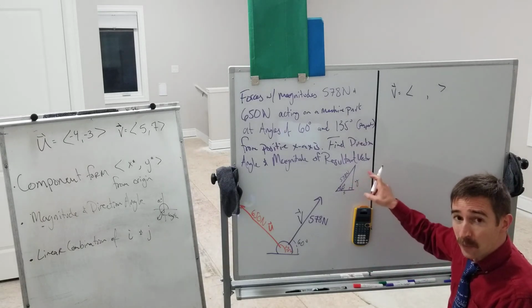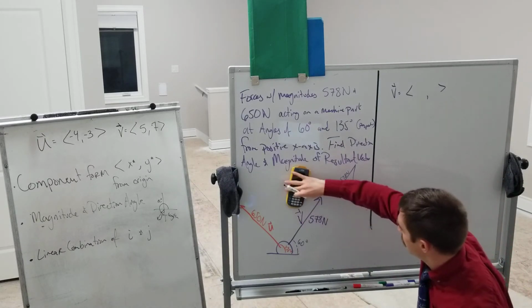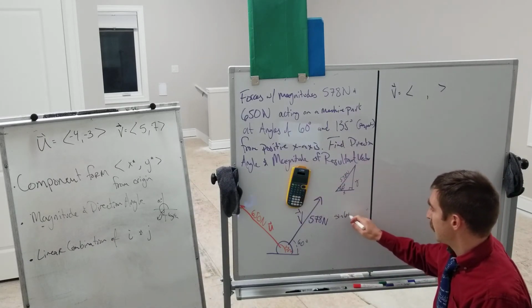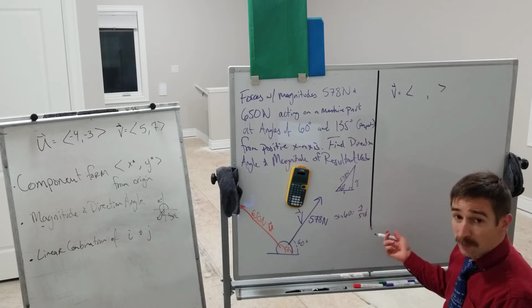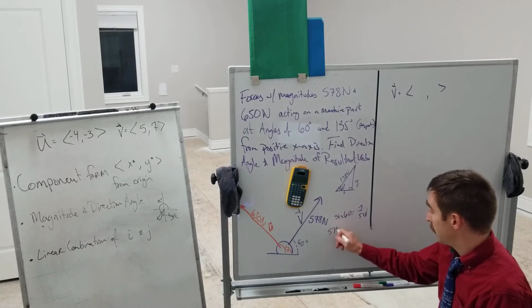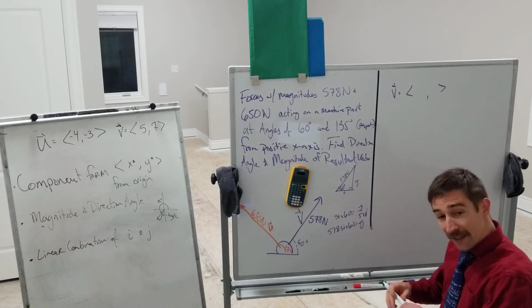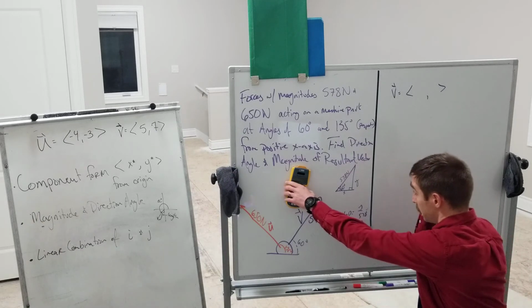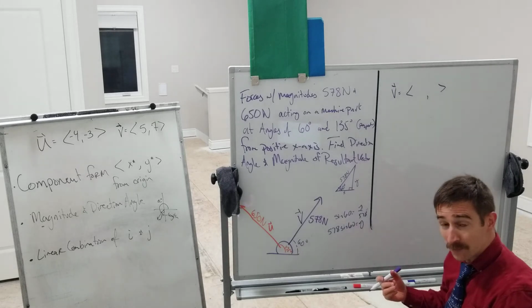Sine of 60 would be y over 578. Sine 60 equals y over 578. I would just multiply by 578, plug it in and get whatever 578 times root 3 over 2 is.